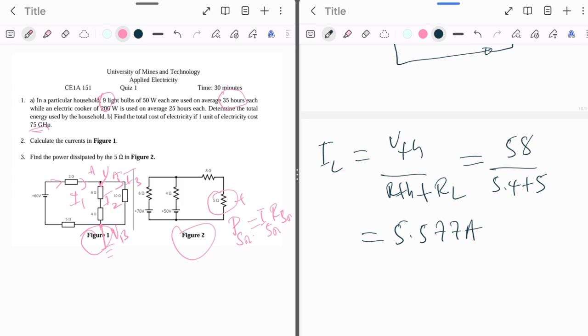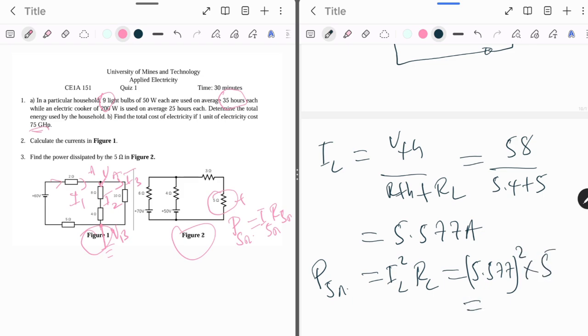Now I've gotten the current, which is 5.577 amps. So the power now is just going to be equal to IL squared times the load resistance, which is 5.577 squared times 5.